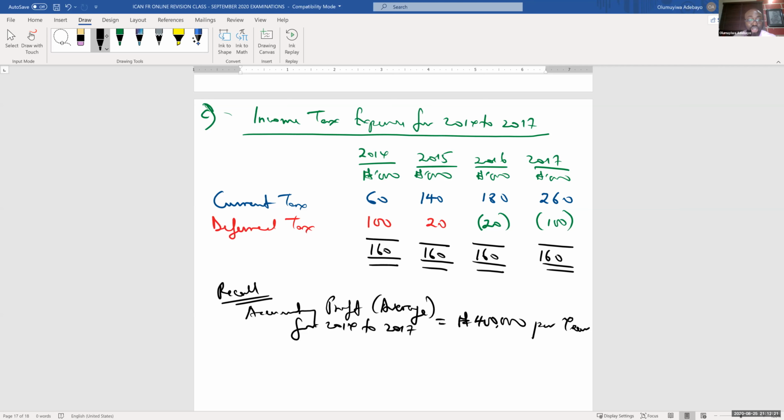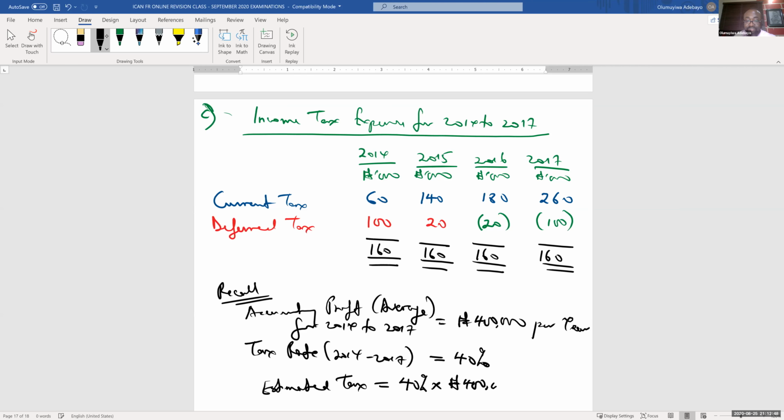And also if you recall, our tax rate between 2014 and 2017 was 40% and it remained unchanged. Which means if you go by way of this estimation of tax, our estimated tax should be 40% of 400,000 naira, which will give us how much? 160. This 160 is the same 160 we are seeing here.